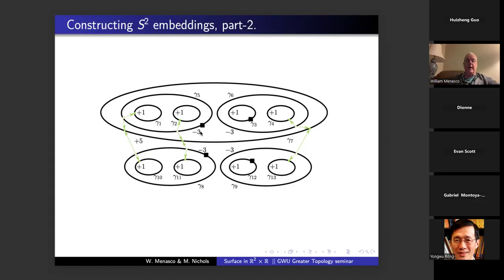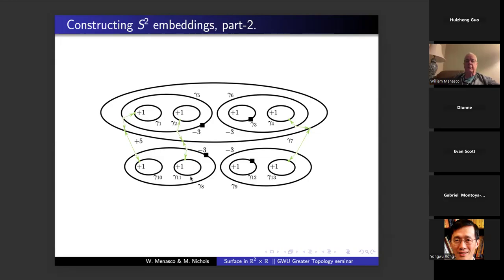The initial condition for a pair of pants is that this outside curve is minus one, and I want to make it into a minus three. So I need two circles, and each open dot counts as a minus one. Initially this is a plus one, and I have to have two minus ones to add up to minus three. Minus two, minus two here, and the plus one gives me the minus three. And then everything else follows.